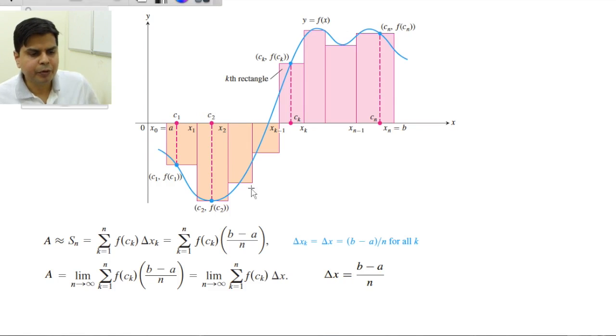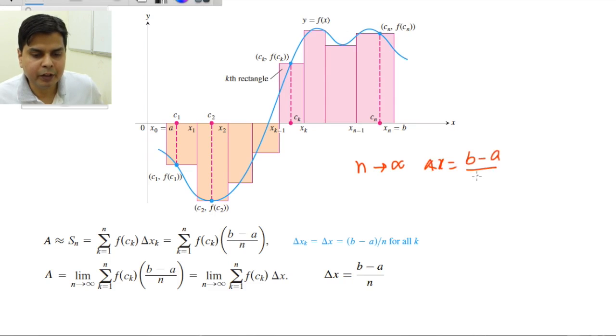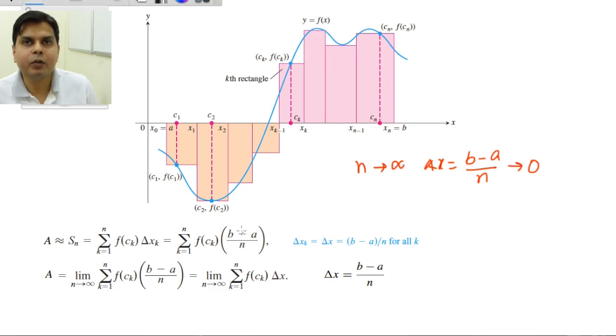Another very subtle point is that as I go on increasing the number of these rectangles, that is as n tends to infinity, what happens to delta x? Delta x is (b minus a) by n, that will go on to become 0. Not exactly 0, but very, very close to 0. So each of these rectangles is sitting on a base of very, very tiny width.